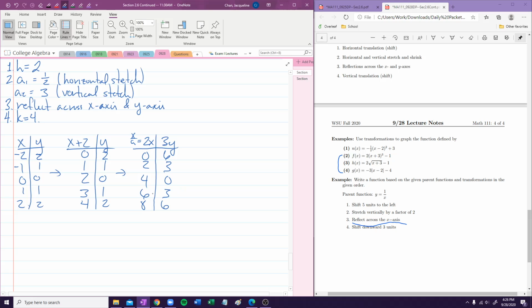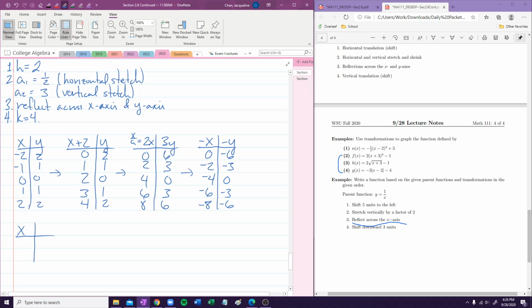All right, so now we want to reflect across the x-axis and the y-axis. So what does that mean? That means both of our x's and our y's will be negative, so we have negative x and negative y. So this would be 0, negative 2, negative 4, negative 6, negative 8. And then negative 6, negative 3, 0, negative 3, negative 6. And then lastly, we have k equals 4.